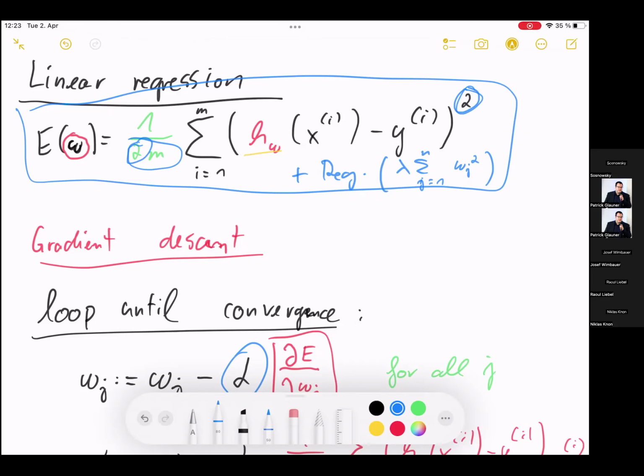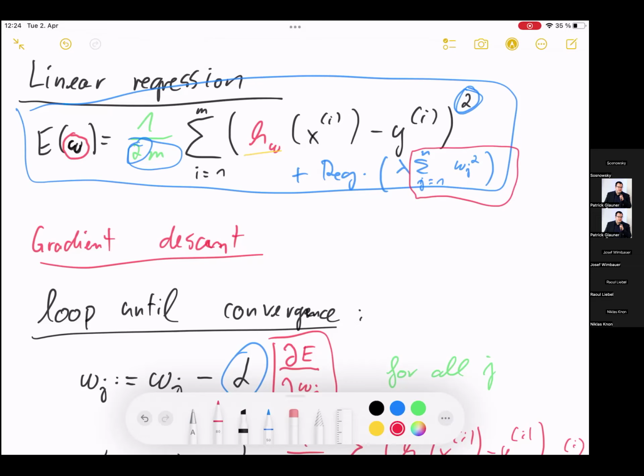So what I've added here is a regularization term. And the idea of regularization is something like this. I'm summing all the weights together on top of the first part of the error function.